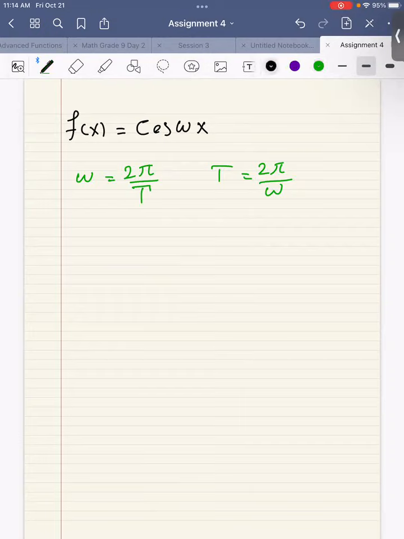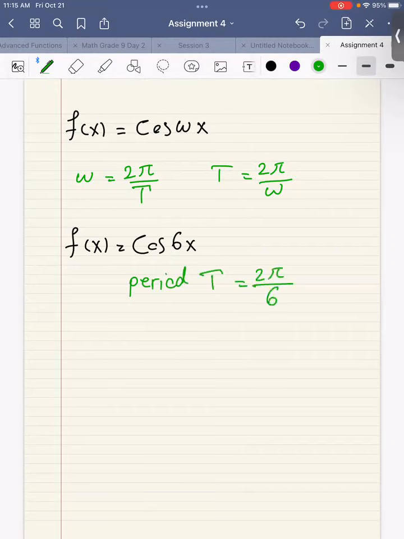So for example, if you have f of x equal to cosine of 6x, the period T is equal to 2 pi over 6, which is equal to pi over 3.